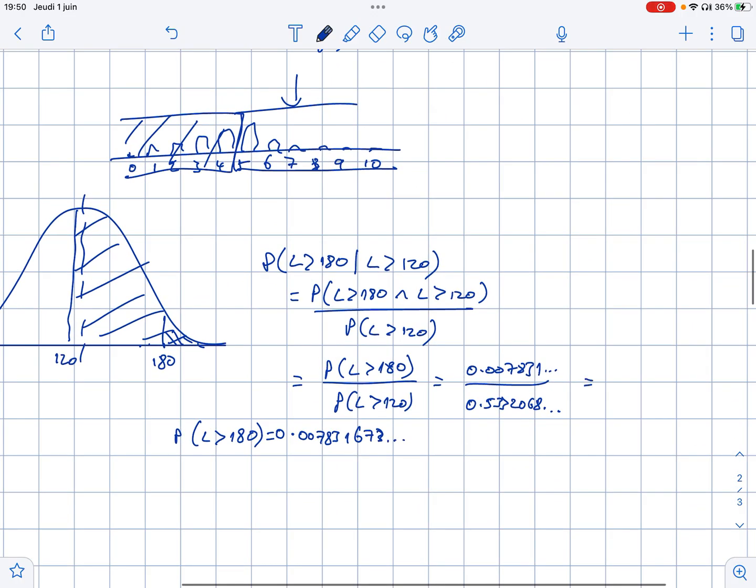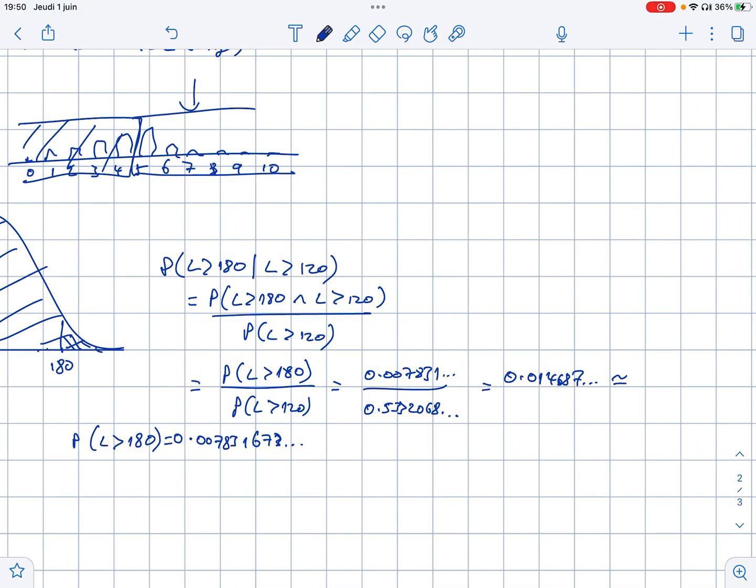When we do that calculation, 1 over the other as a fraction, comes to 0.014687, etc., which is approximately equal to 0.0147.